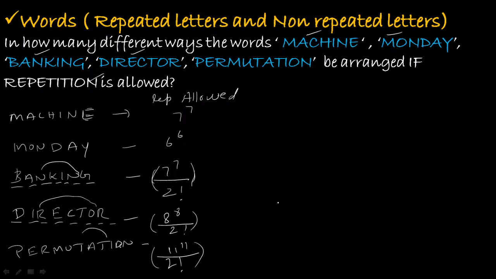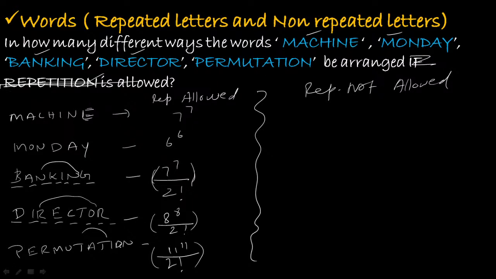Now for the same problem, if repetition is not allowed, what is your answer? For the same problem, I am just striking out the words 'repetition is allowed'. If the question is in how many different ways the words machine, Monday, banking, director and permutation can be arranged, nothing is mentioned about repetition, which means repetition is not allowed.